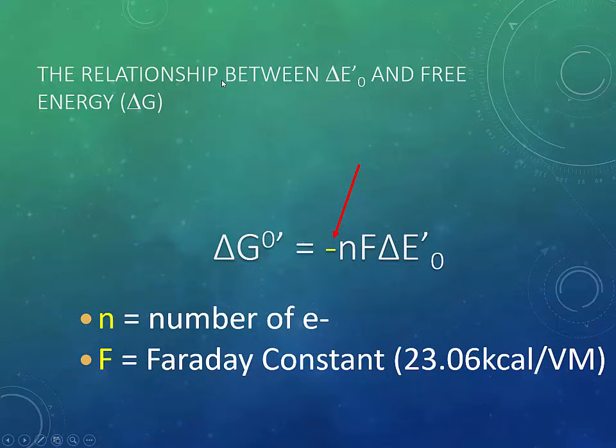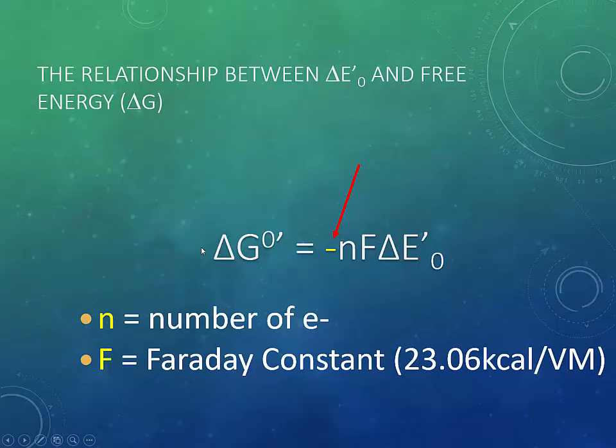So we can figure out the relationship of free energy to the change in voltage of a redox pair, and that is given by the Faraday equation. So we have delta G naught prime is equal to, and please notice there is a negative sign in front of this expression, the number of electrons transferred, the Faraday constant, which is basically 23.06 kcal per volt mole, and then the change in the electromotive force, delta E. And I'm going to show you how to calculate that.